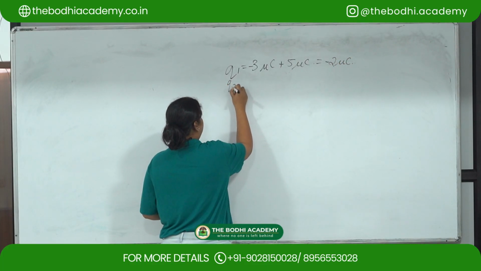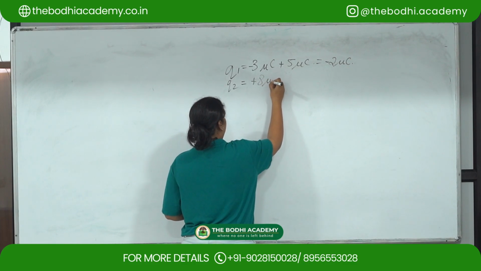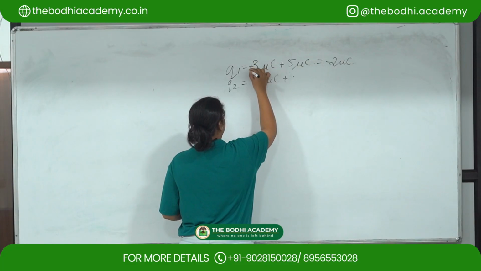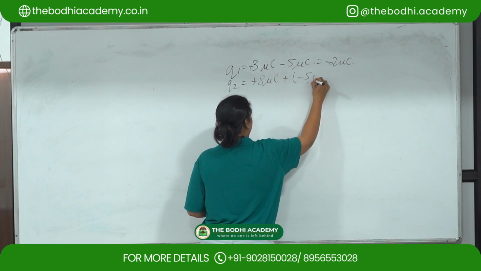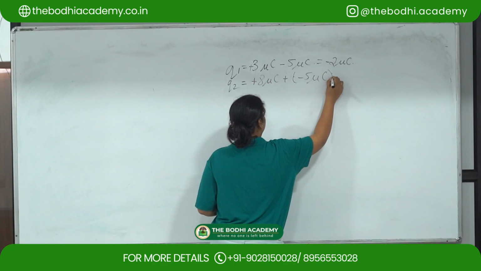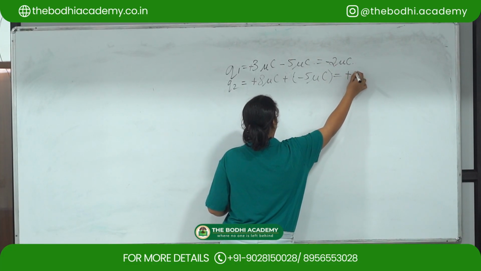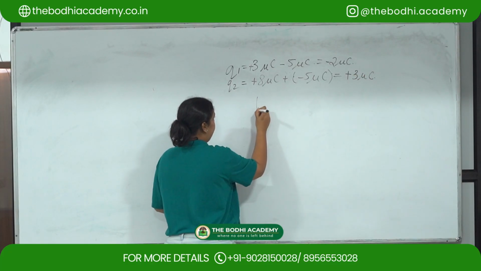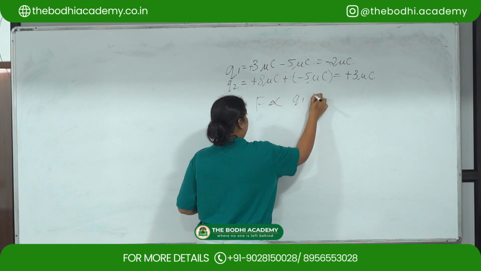And Q2 will be plus 8 microcoulomb plus minus 5 microcoulomb, which will be plus 3 microcoulomb. So F is directly proportional to Q1 Q2.